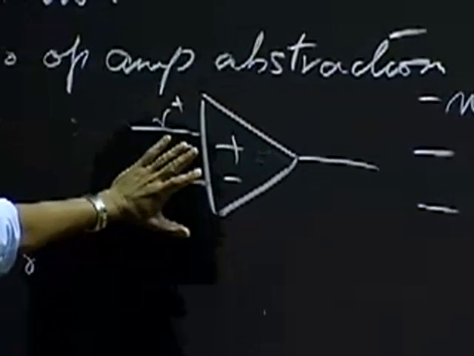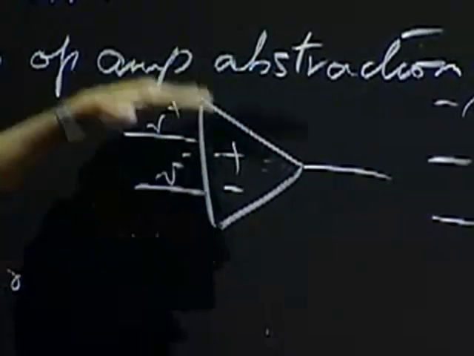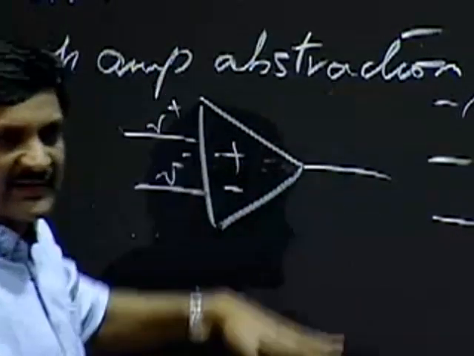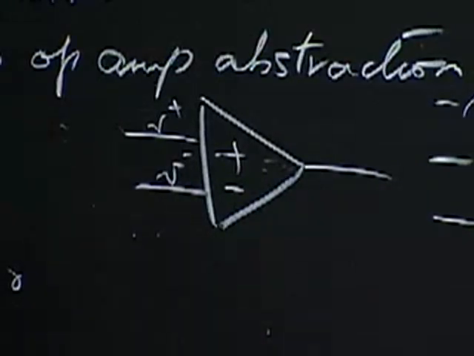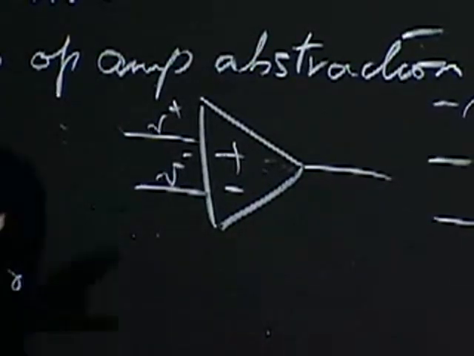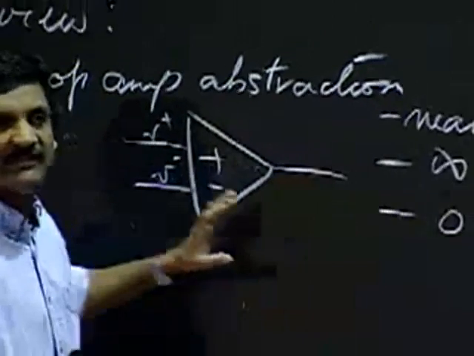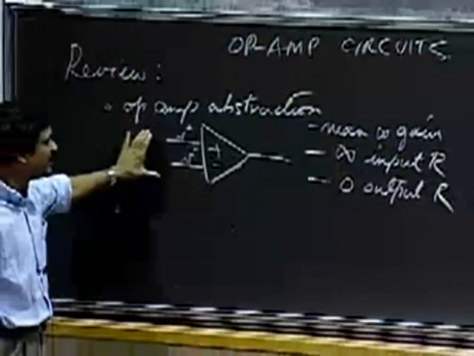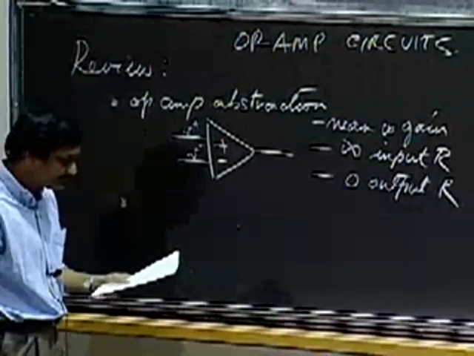To some extent, you do have to think about that with the op-amp too, because if the output hits the positive rail or negative rail, it isn't going to behave like you expect. But fundamentally, with this ideal model, it becomes really simple to build circuits with the op-amp.